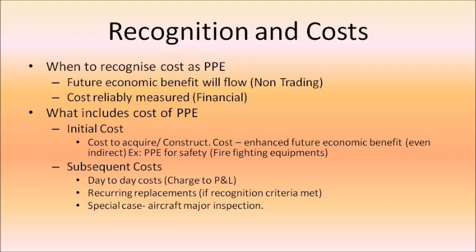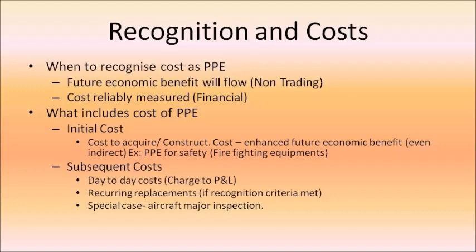And when we are going to recognize a particular cost as property, plant and equipment, the management is given the decision to aggregate similar kind of assets into one and apply the materiality concept in order to identify it as a property, plant and equipment. Next, we will see what is included in the cost of property, plant, equipment. There are two major costs which we need to consider while capitalizing property, plant and equipment.